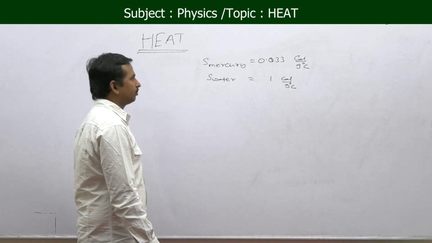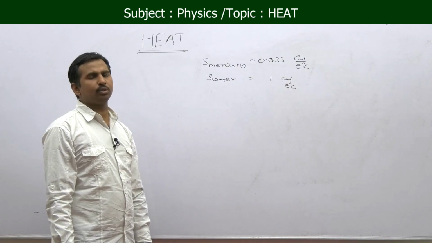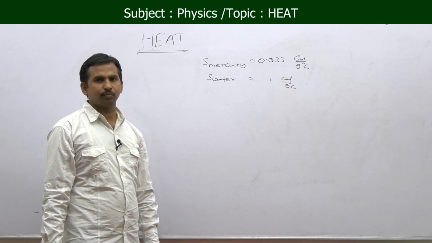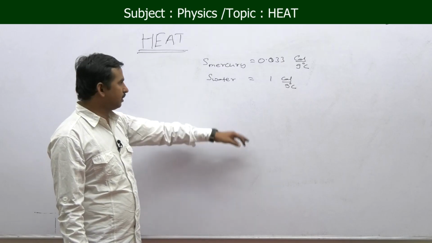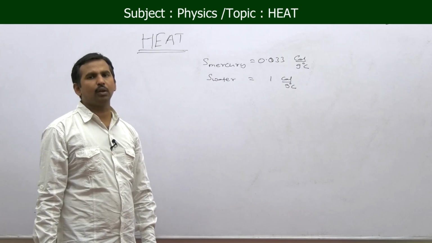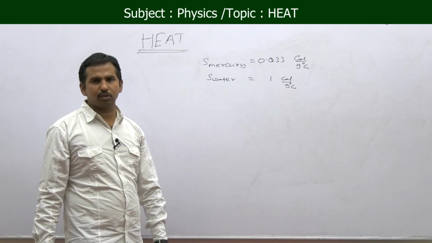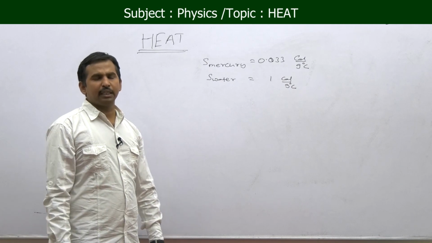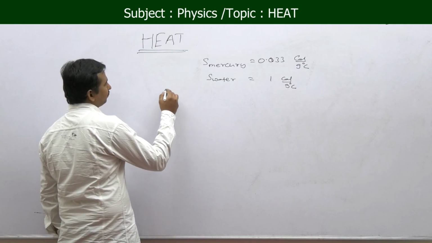For mercury it is 0.033 only, just for 1 gram of mercury to raise its temperature by 1 degree Celsius, whereas for water, just for 1 gram, it requires 1 calorie of heat energy. Now when you are using that thermometer, let us suppose the body temperature is 100 degrees Celsius.